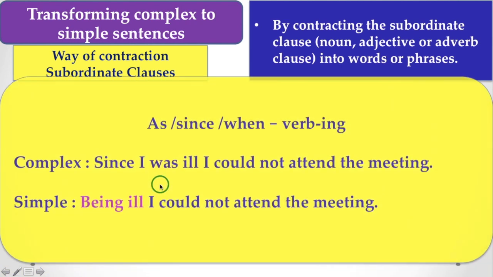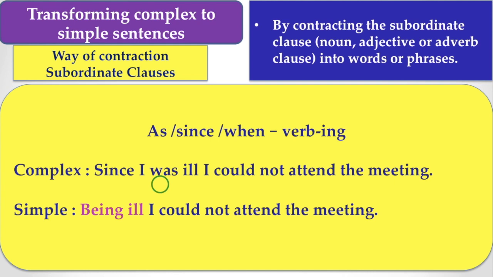Next shortcut for you: if the complex sentence begins with as, since, when, etc., if you find these words in a complex sentence, you just use verb ing when you wish to make it a simple sentence. For example, since I was ill, I could not attend the meeting.